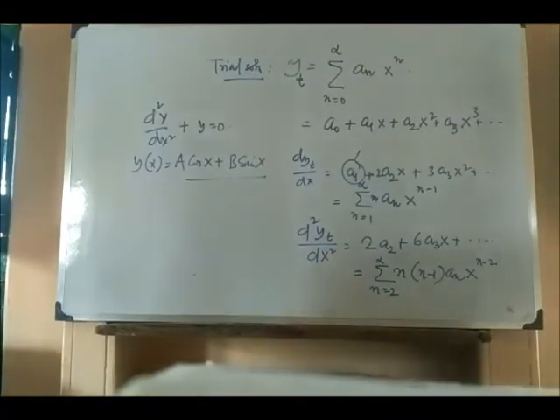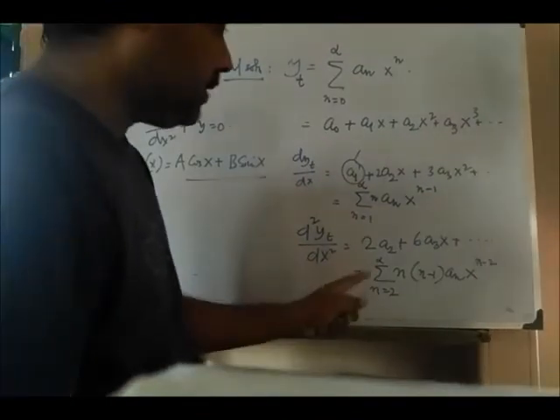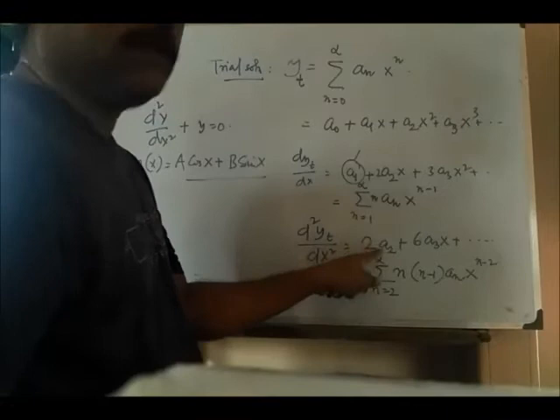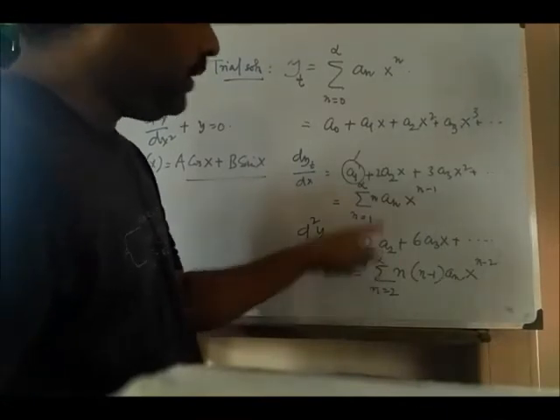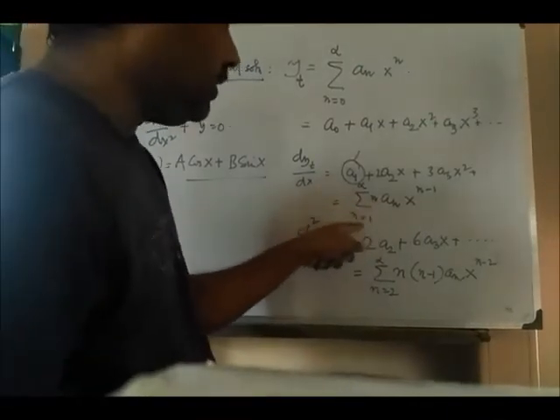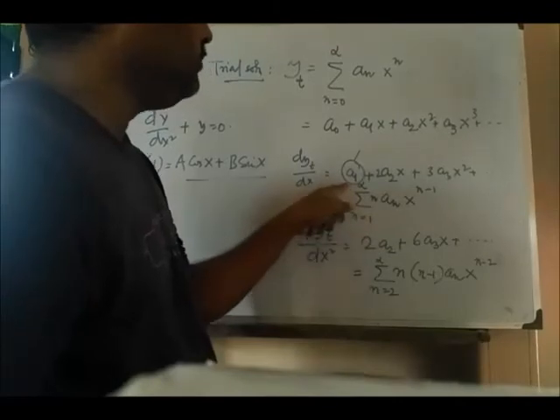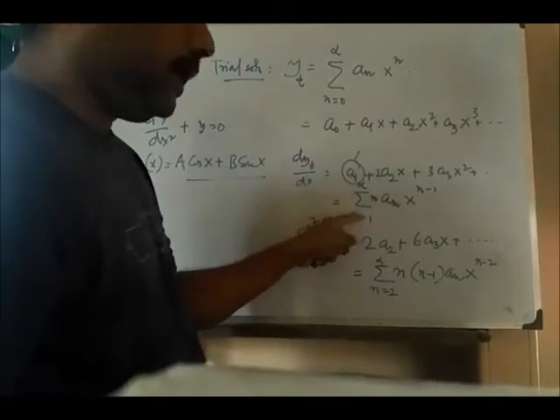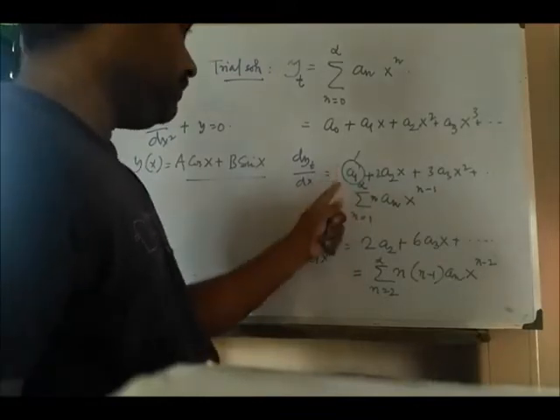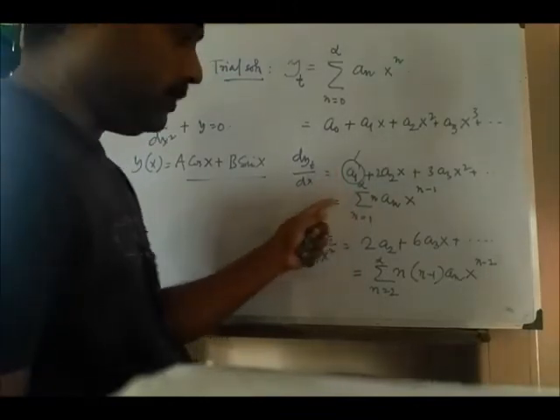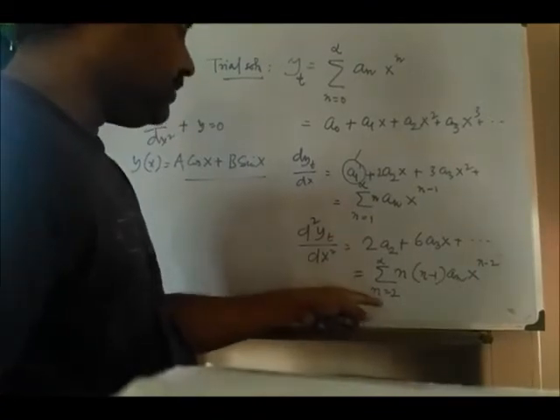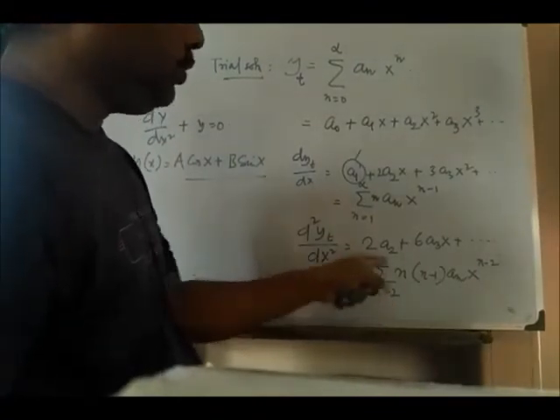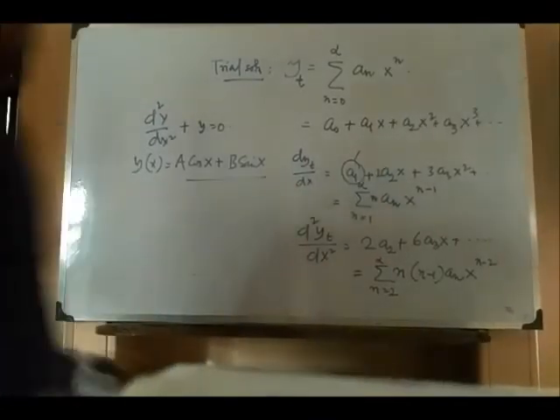Now you see that if you start the first term with n equal to 2, then you will have this term at first. And in this case, if you start with n equal to 1, you will have this term. So starting from n equal to 0 is not possible when the derivative comes in. So n equal to 2 to infinity n into n minus 1.